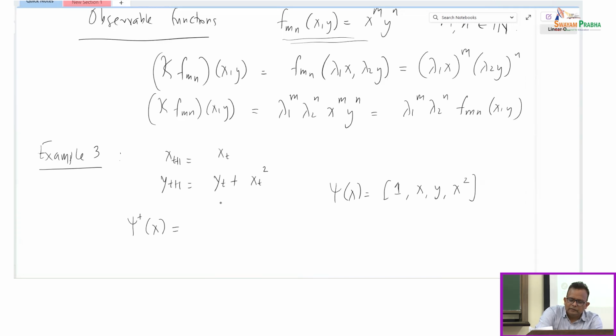I told you how scalar observables, the scalar functions, evolve under the Koopman operator. Now I'm taking a vector function, which will behave the same. So instead of taking one function at a time, I'm taking n functions, in this case four functions at the same time. That's why I'm writing psi plus. We can also do it individually, right?